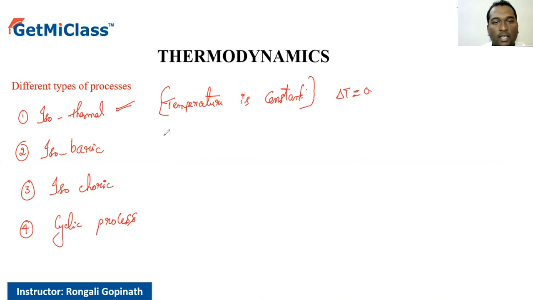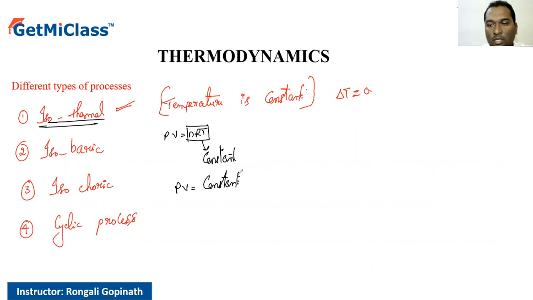Let's start with the ideal gas equation, PV equals nRT. If temperature is constant, the right side is always constant. If the right side is always constant, I can say that P into V is always constant. This is also called Boyle's law, and the graph between pressure and volume is going to be like this.